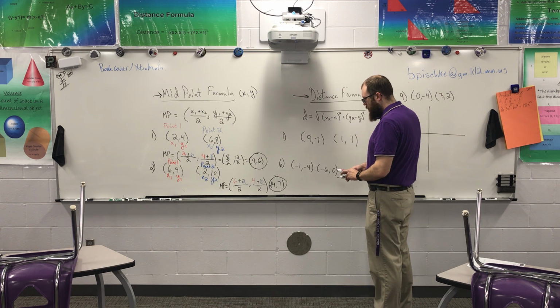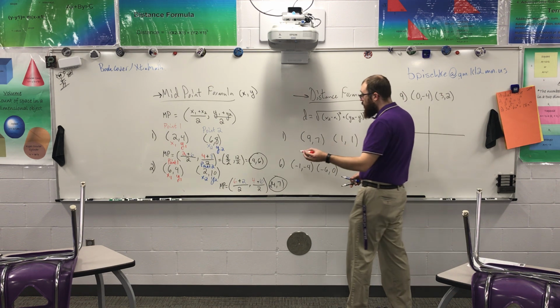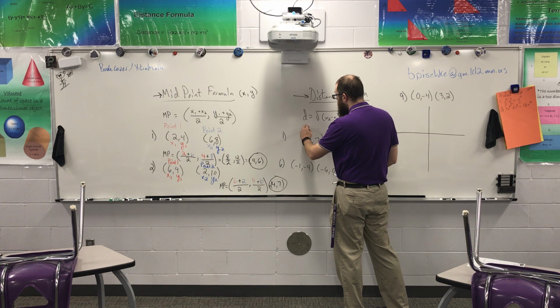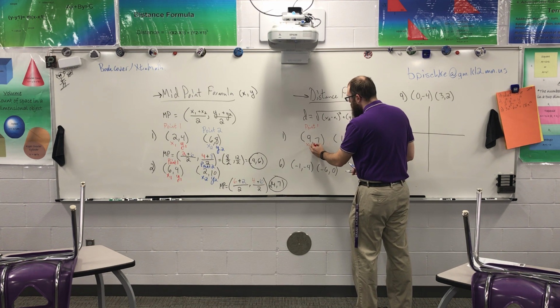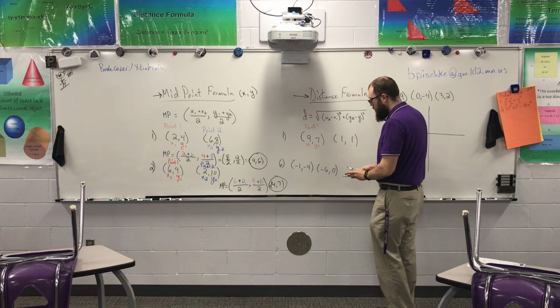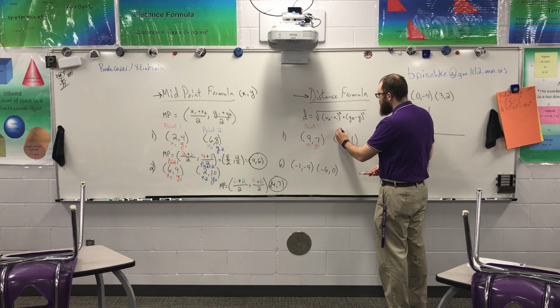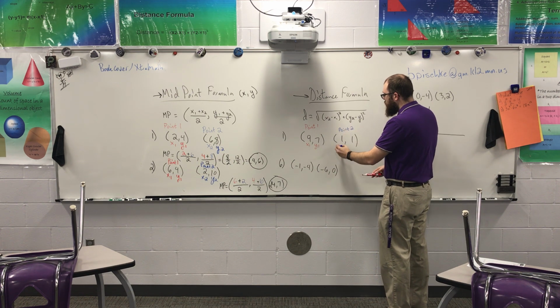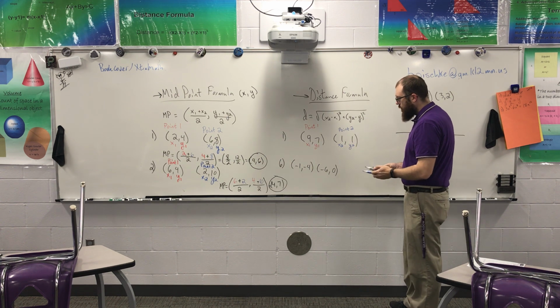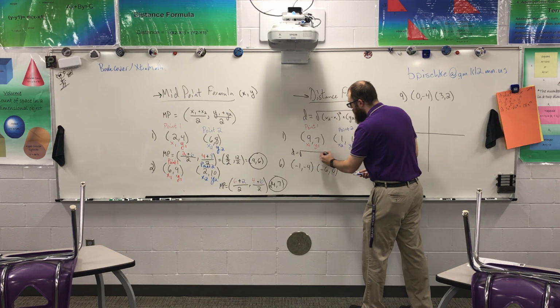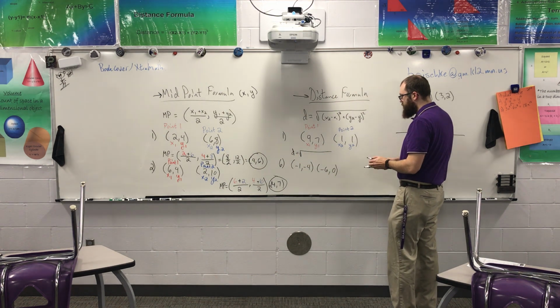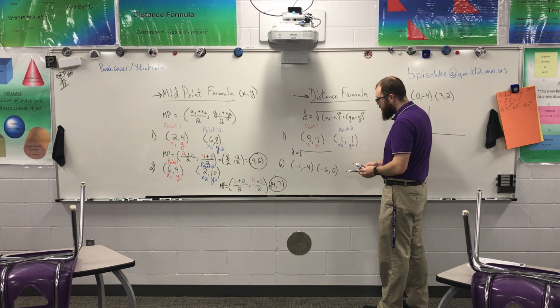We need to go through our problem and label our points again. I always label my points, even after all of my experience. This is point 1, which makes this x1 and y1. This is point 2, which makes this x2 and y2. Now I can put them in my distance formula. Distance equals square root. Now notice that x2 comes first.